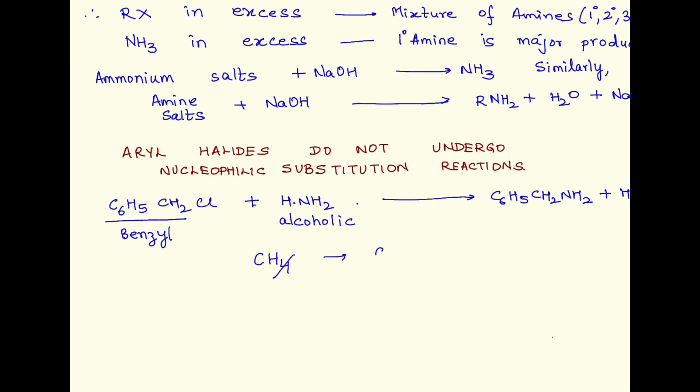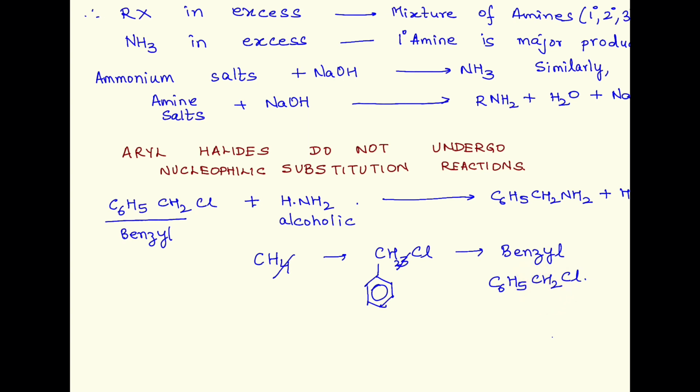Replace one of the hydrogens by a halogen atom. Replace another hydrogen by a phenyl group. And I have what we call a benzyl group. So C6H5CH2, and then there is the halogen. So here it is chlorine. If you see here, the halogen is attached to the side chain.